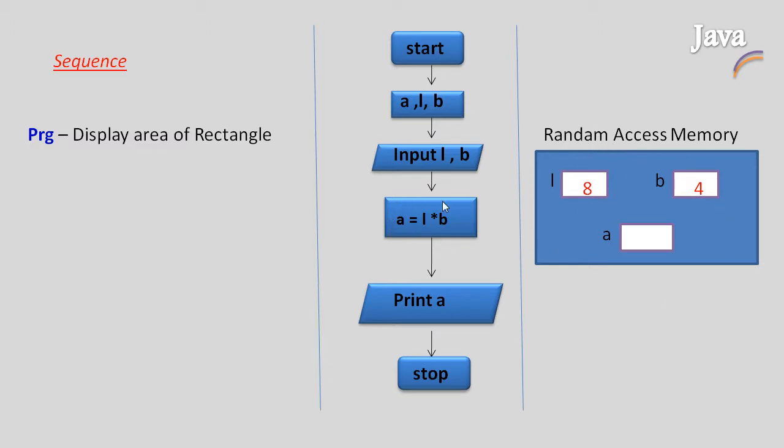Now the next step I have written is to calculate the area, that is L into B. So the calculation will take place, and the resulted value is going to be stored inside the third variable, that is A. So the resulted value is stored inside the third variable A, or you can say inside the third memory space, a smaller space inside the bigger space. The bigger space is the random access memory, and the smaller space is A, or you can say the variable A. Now from here the value is going to be displayed on the screen, on the monitor.